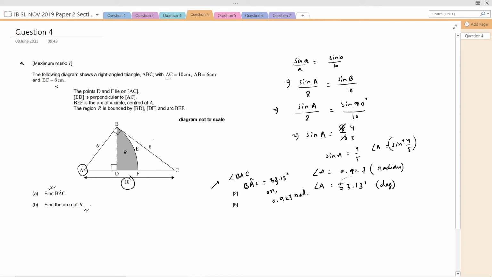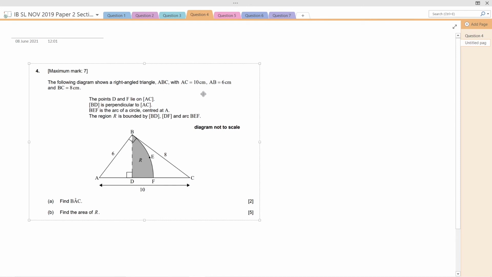For this we will use another page. First we will write this fact, that angle BAC is equal to 0.927 rad, and for this problem, part B, we will use the radian value. Now the formula that we will use for this shaded region: we have to find the area of the shaded region.